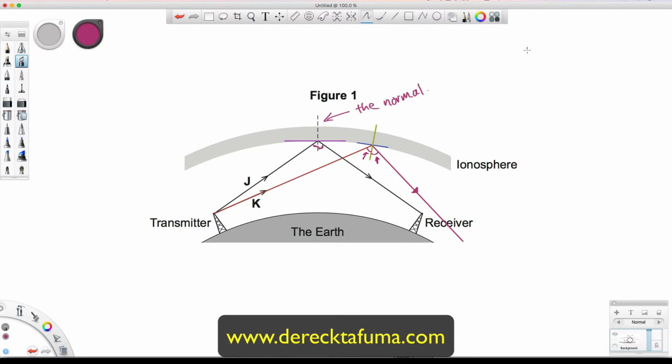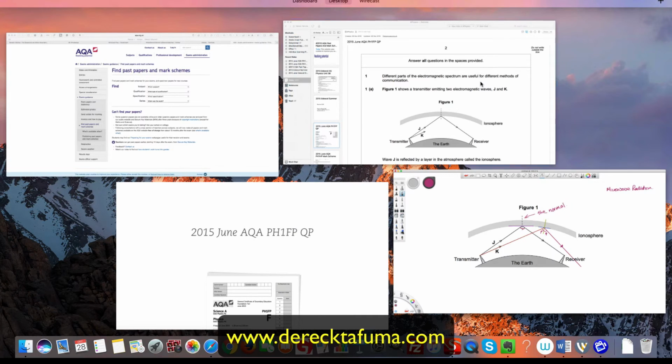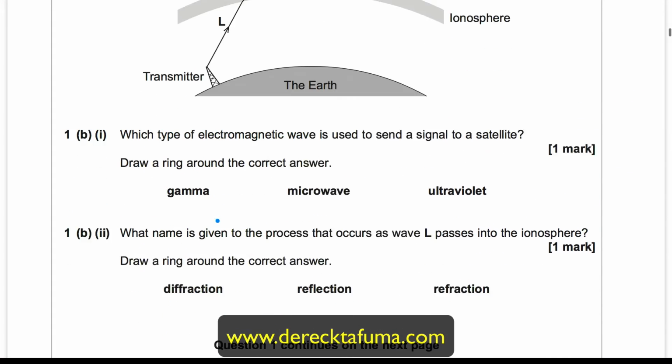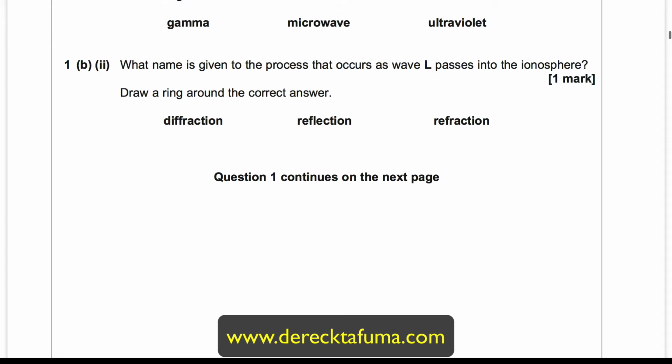so I would say the answer to that one is microwave radiation. And then the next part, what is the name given to the process that occurs as wave L passes into the ionosphere?